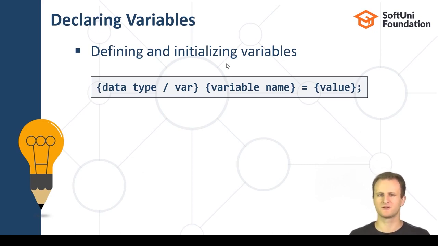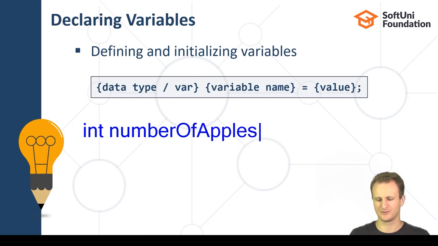The typical way of initializing variables in Java is naming the data type of that variable, then telling the Java compiler what you want that piece of information to be called. Let's say you want to store integer numbers, for example to calculate how many apples you have left. You would create a variable called int numberOfApples.